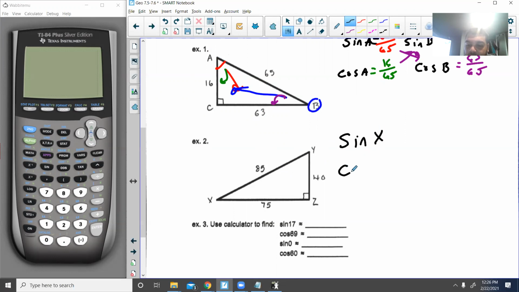Sine X, cosine X, sine Y, cosine Y. The picture might be flipped, but you should be able to handle it. Again, think about it as if you're standing on the corners.